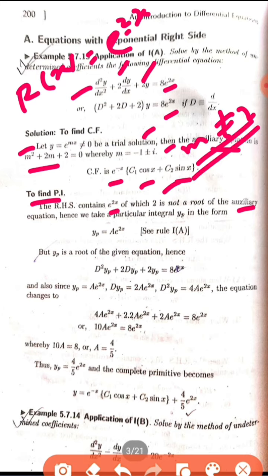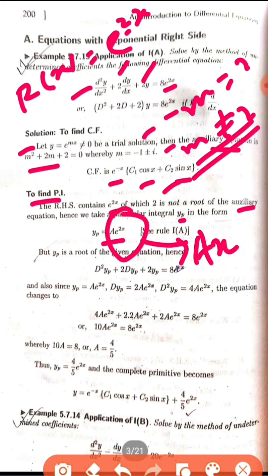So by the rule we can write YP = A e^(2x). If the value of m is 2, then you have to put A x e^(2x). If the value of m is 2, 2 repeatedly, then you have to put YP = A x² e^(2x).